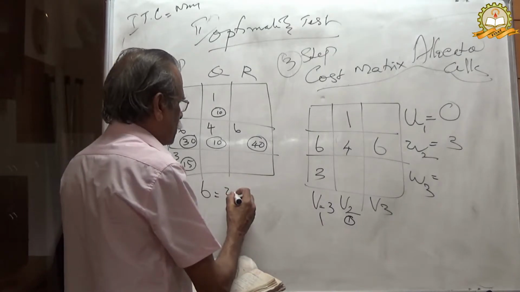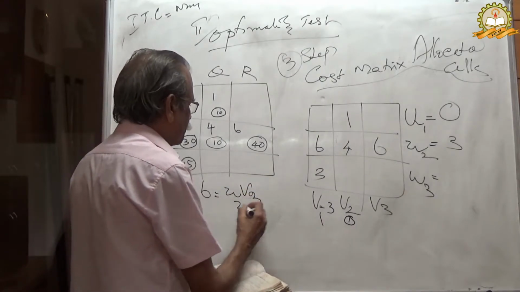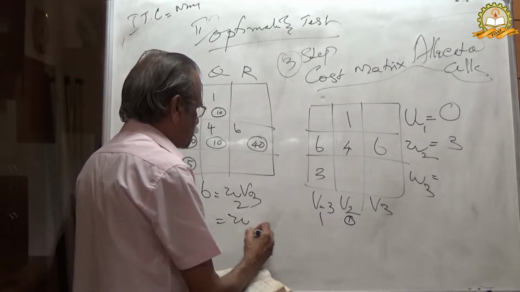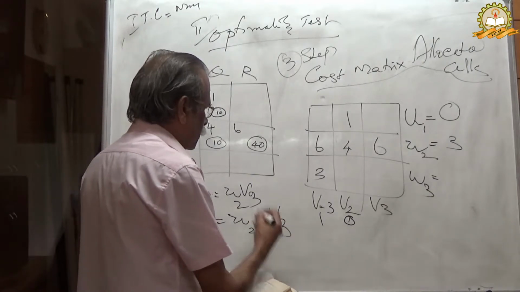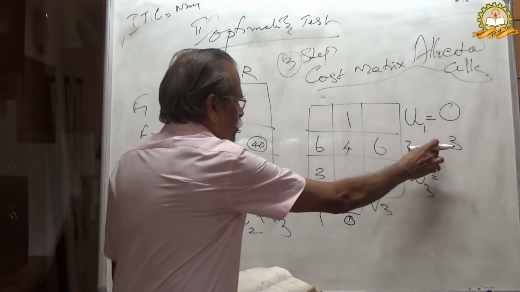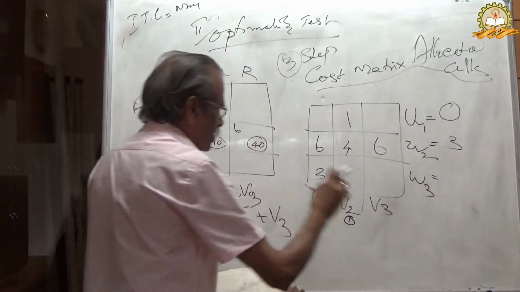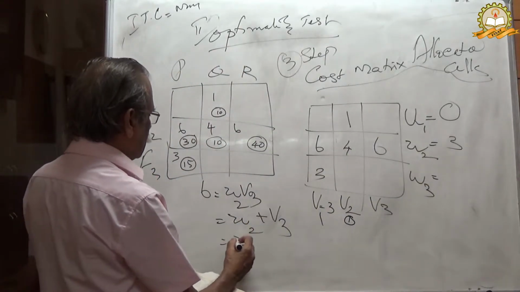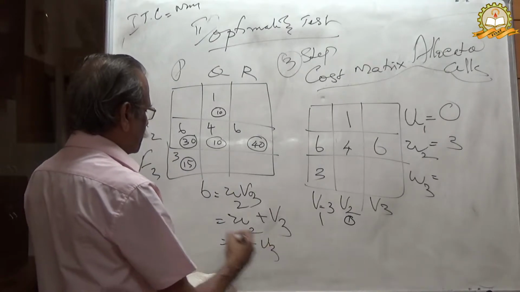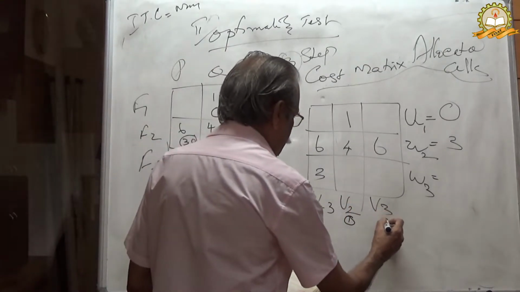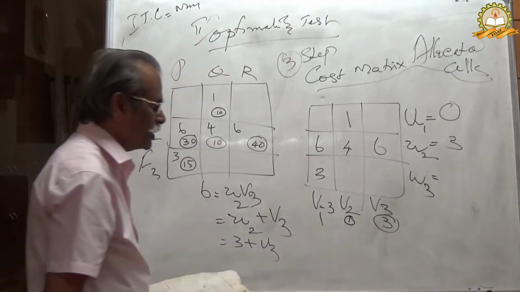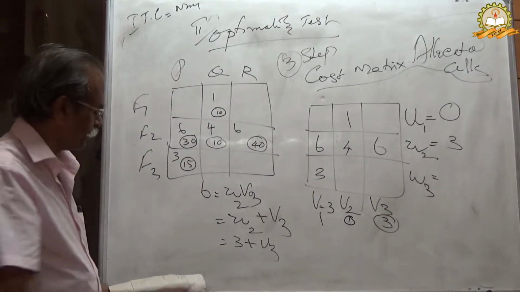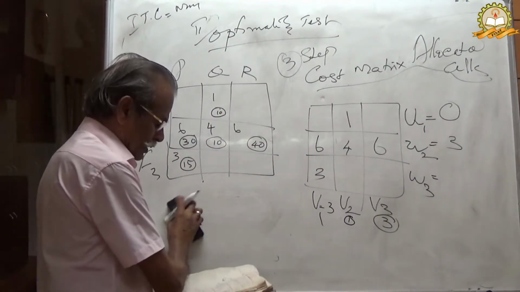You have u2 v3, that is u2 plus v3. u2 you know is 3 plus v3. Therefore v3 equal to 3.